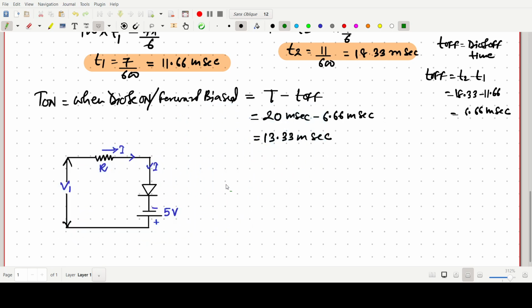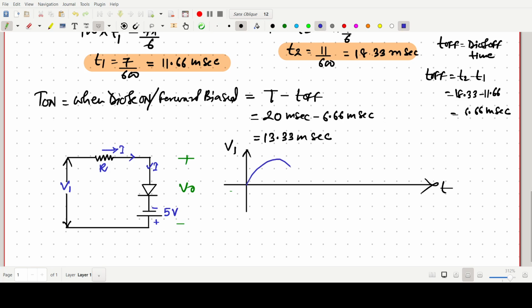Suppose this is the circuit, and we have to find the output waveform, plus minus V naught. It is very simple. First we draw the graph for the sinusoidal signal, varying like this. For the first half, this point is 10 and this point is minus 10.